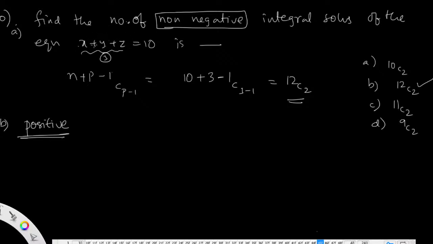Number of persons are x, y and z, so 3 persons are there, n equal to 10, r equal to 3, 10 plus 3 minus 1 C 3 minus 1, that is 12C2, okay.